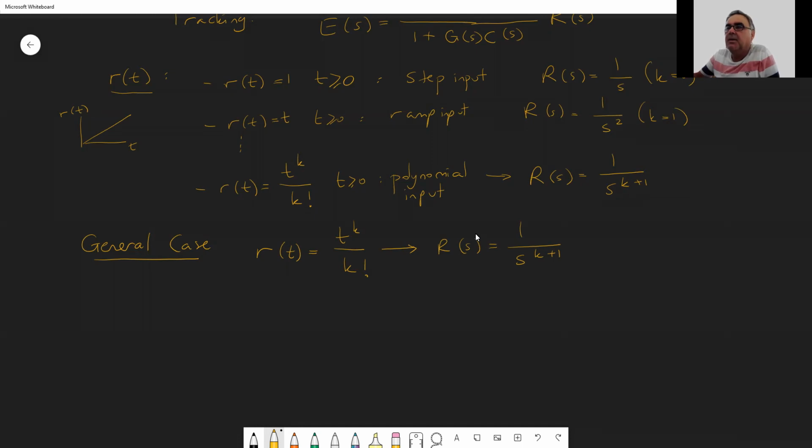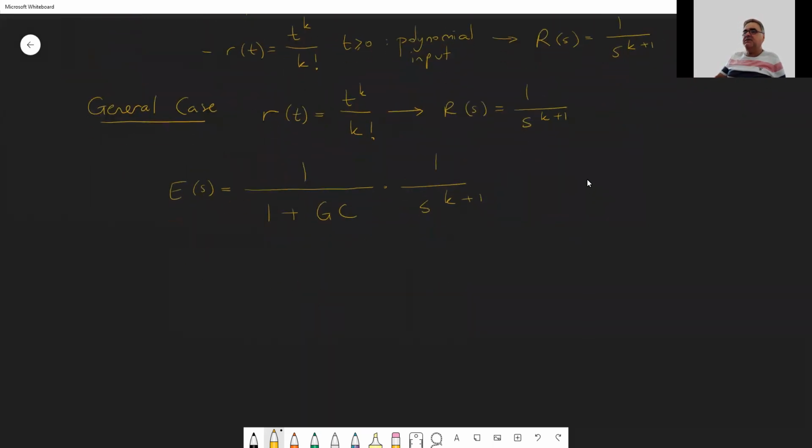From the above equation, the error term is then 1 over 1 plus G times C of S times R of S. But R of S is 1 over S to the power K plus 1. We want to find the steady state error.